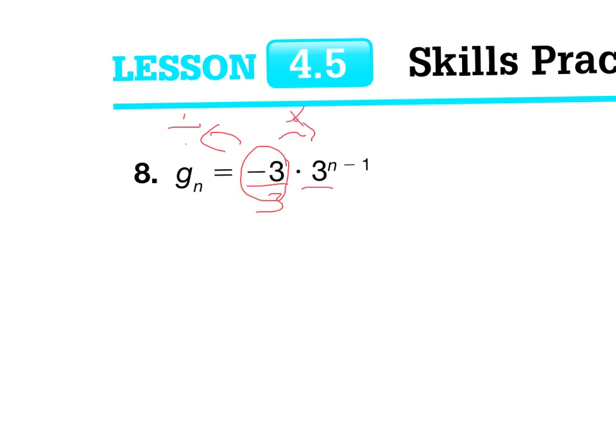I put an X for multiplying. So my function would be g of n is, this would be -1, because this turns into -1, times 3 to the nth, which you could simplify as g of n is -3^n.